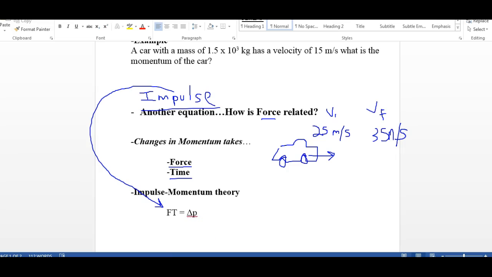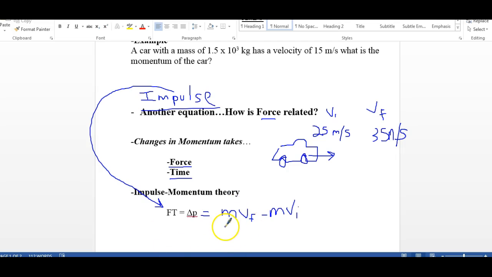So if it asks you to solve for the impulse, all you have to do is do this delta P, which is the change in momentum, which can be mass times velocity final minus mass times velocity initial, and then calculate these out.